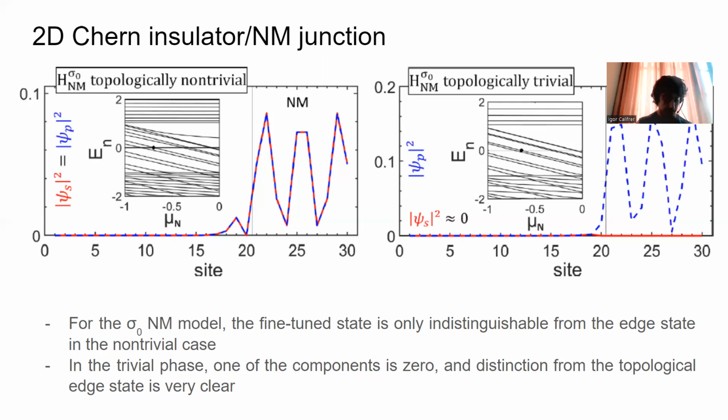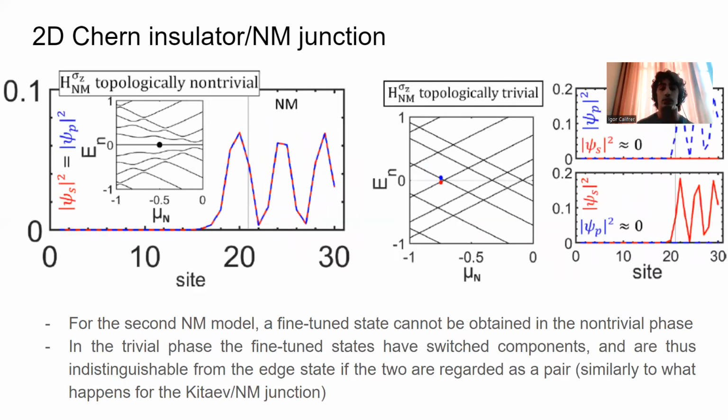And finally, for the sigma z normal metal, we have done the same, except that in the topologically non-trivial phase, we cannot fine-tune the energy levels of the normal metal to cross zero energy. So what I show here on the left is just the true edge state.